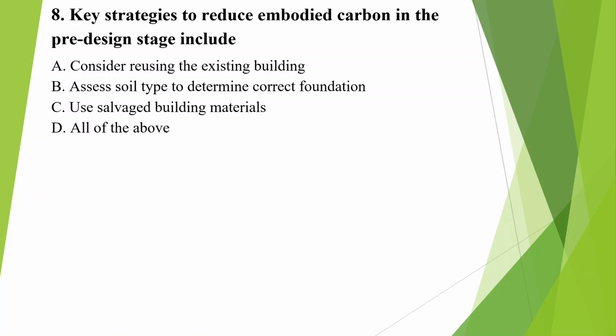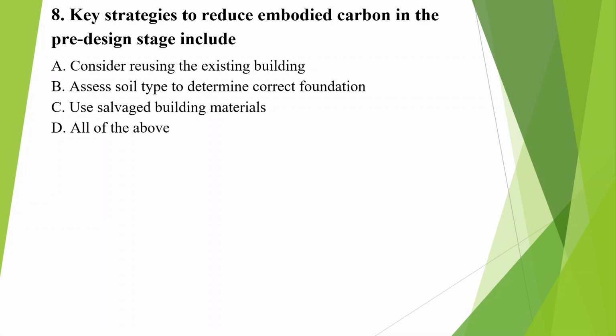Here is the eighth question, which was asked in the previous year assignment. It is asking about pre-design stage strategies. Again, you see the terminology very carefully. It is asking about the key strategies.